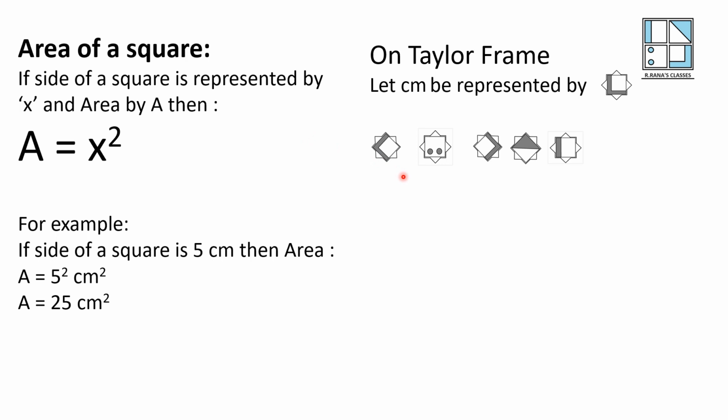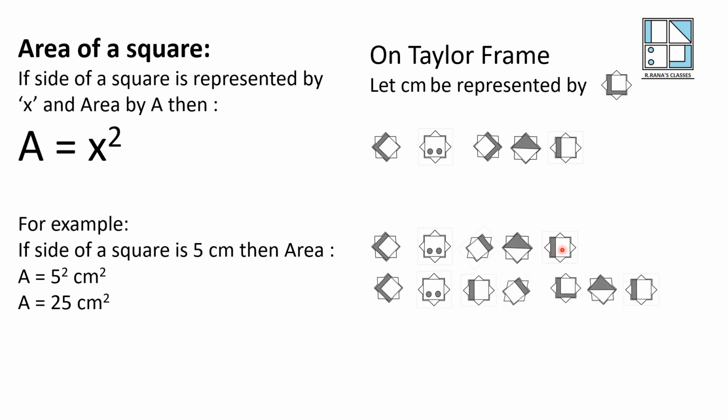Now A is equal to x raised to power 2, that is x squared. Side of the square is 5 centimeter, therefore A is equal to 5 raised to power 2.